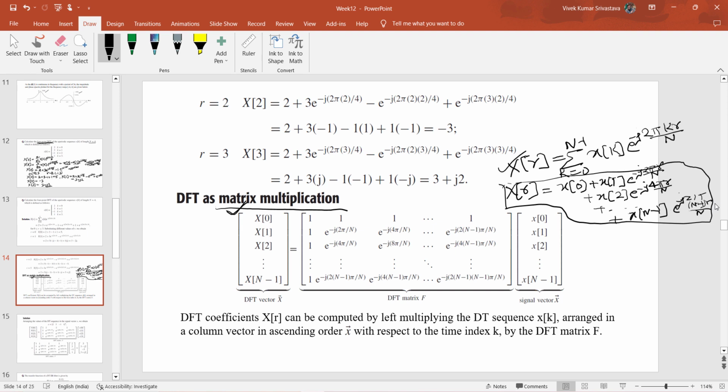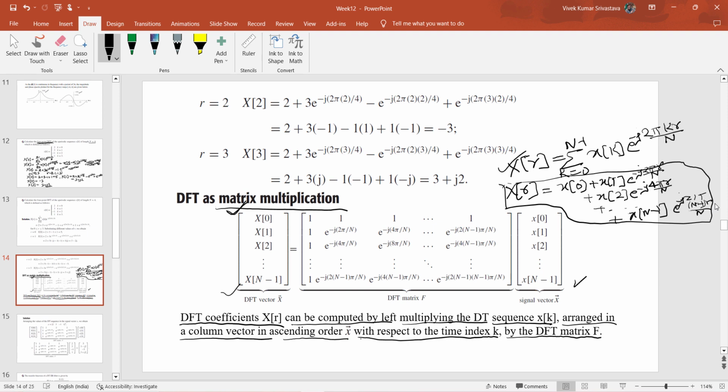Now this matrix represents the discrete Fourier coefficients that we can see on the left side of this matrix multiplication, which can be computed by multiplying the discrete time sequence x of k, arranged in a column vector in ascending order with respect to the time index k, by the discrete Fourier transform matrix F. So this statement says that using this matrix, we can determine the discrete Fourier coefficients by just multiplying the discrete sequence that is given to us with the discrete Fourier transform matrix.